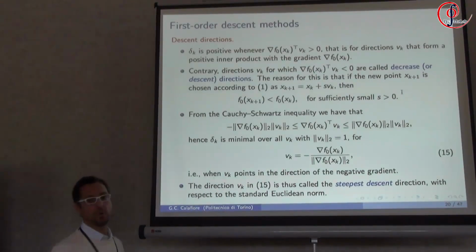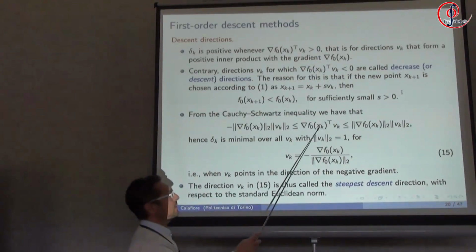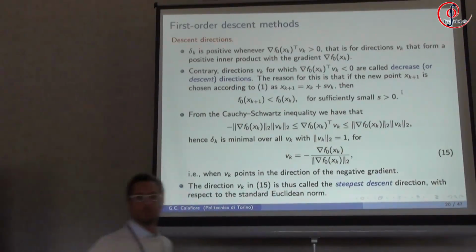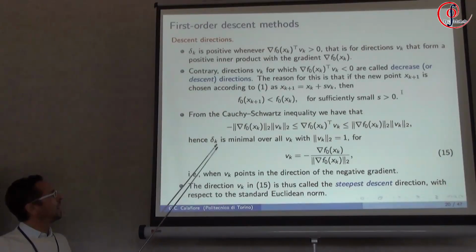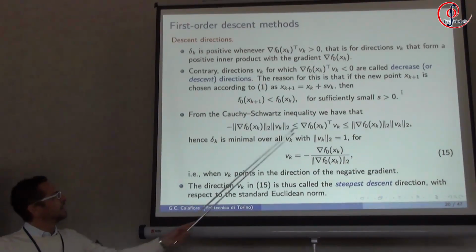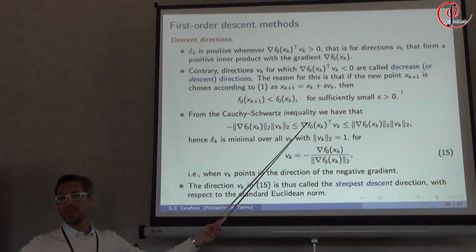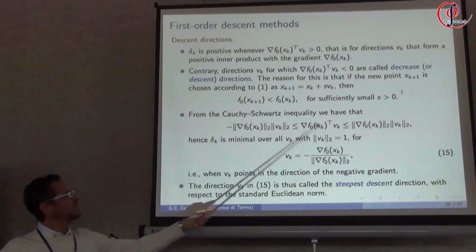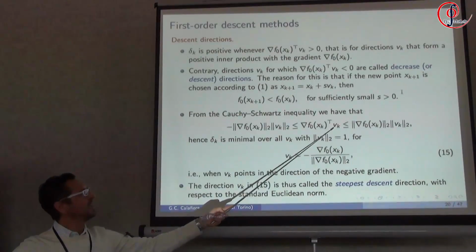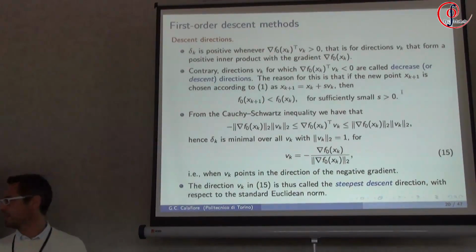If we use the Cauchy-Schwarz inequality, the inner product is bounded above and below by the norm of the two terms that I'm multiplying together. And so we notice one thing, an important and easy thing to conclude: the best local decrease, so the minimum of this quantity here, is obtained when vk is anti-parallel to the gradient.